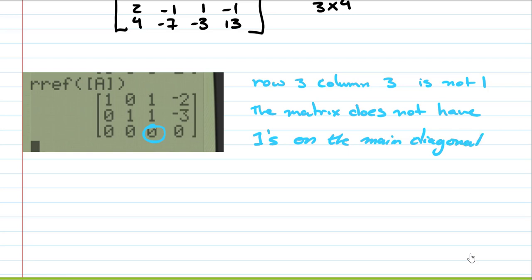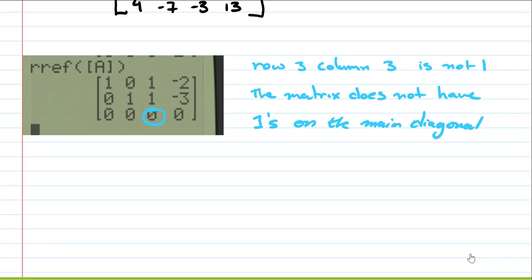When this happens, it's the other two possible cases. When we had 1s on the main diagonal, we got exactly one unique solution. So this is going to go down in one of two ways when there's not 1s on the main diagonal. We're going to get the first case, case 1: there are rows of all zeros.